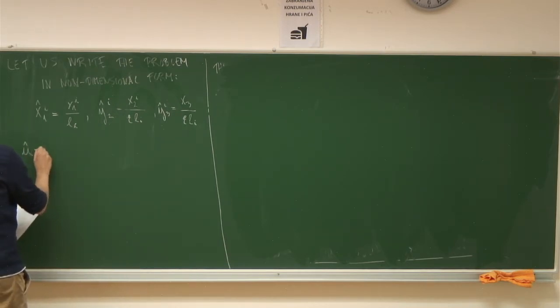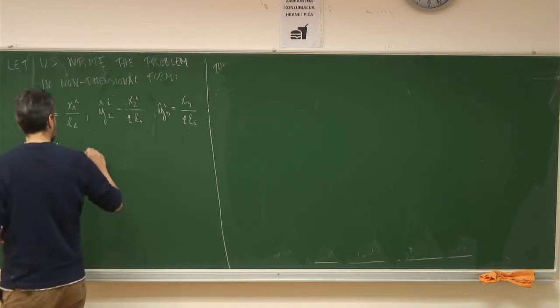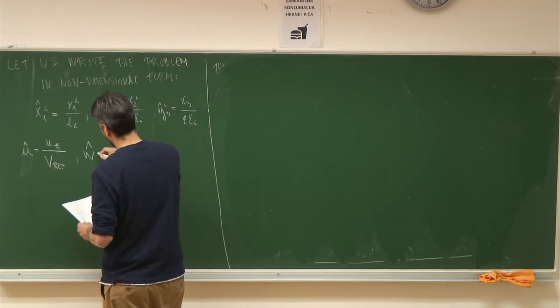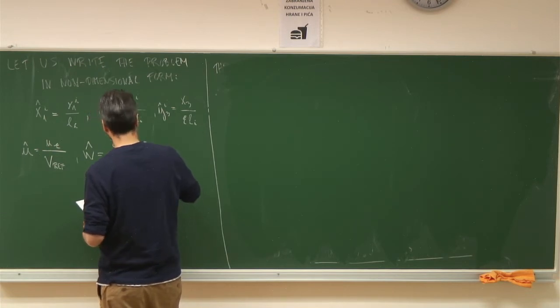So u is u epsilon over V_ref, then w is epsilon L_i over V_ref times v epsilon.